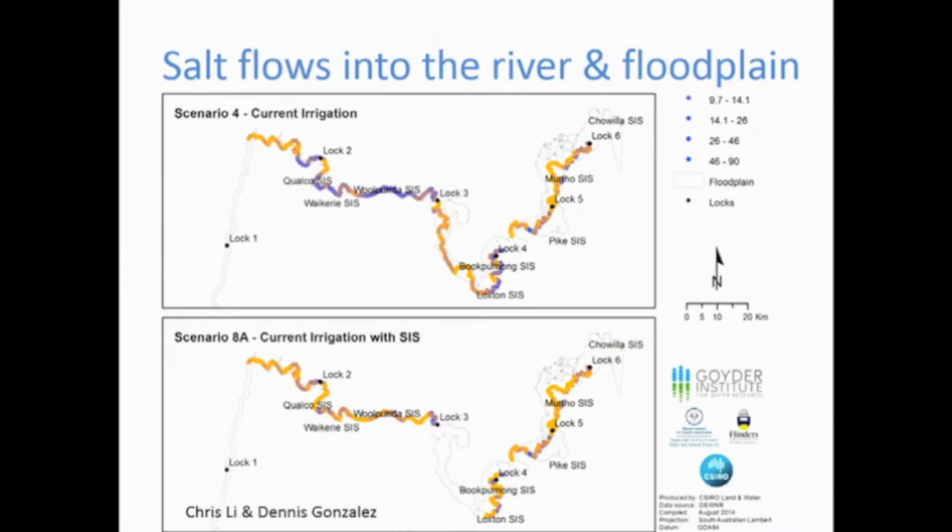So in this case, this is summarising the outputs of 8 separate regional models and combining it all in a way that looks at how much salt is going into the river and ultimately how much salt is going into the floodplain, our best guess, under different conditions for each river kilometre and each year, I think from 1920 to 2100. So this is a way of summarising our current best understanding and what the impacts of things such as the salt interception schemes have on that salt input to the floodplain.